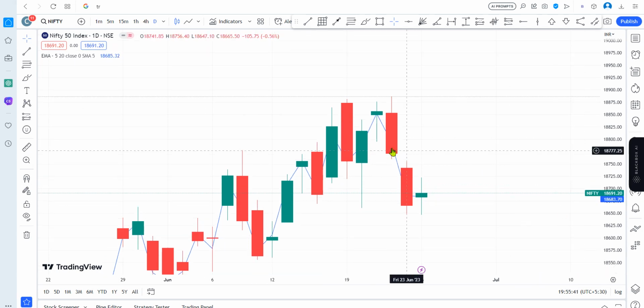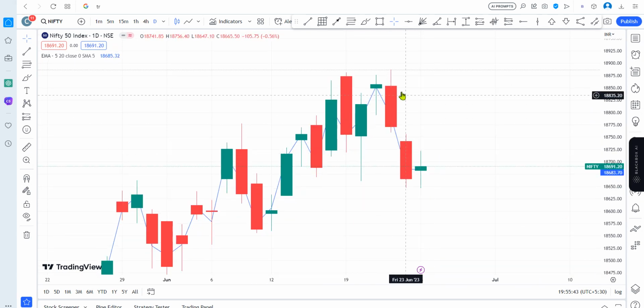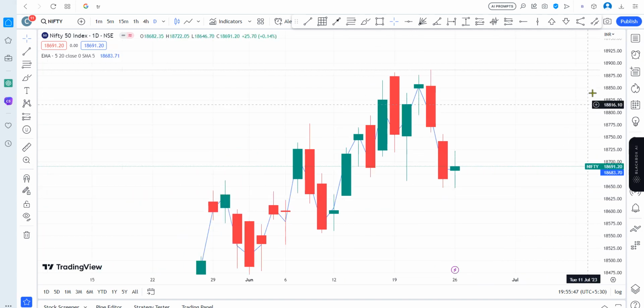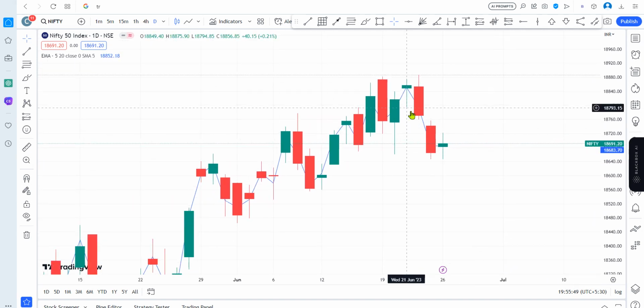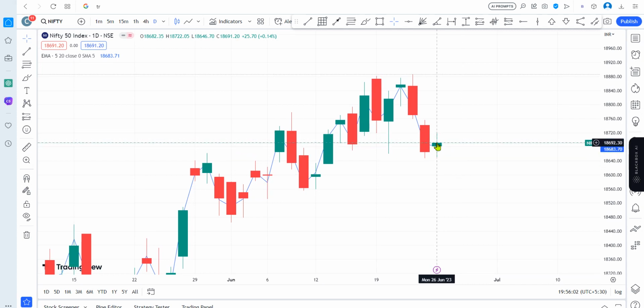So this is the daily chart. The last 2 days, Thursday and Friday, are bear bars. Last week's low is somewhere here. We are opening gap up and testing that low, and this is the inside bull bar. We are closing here.